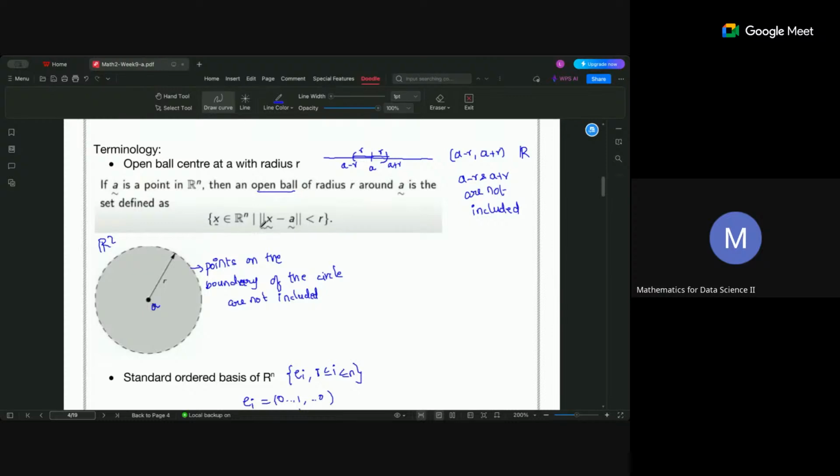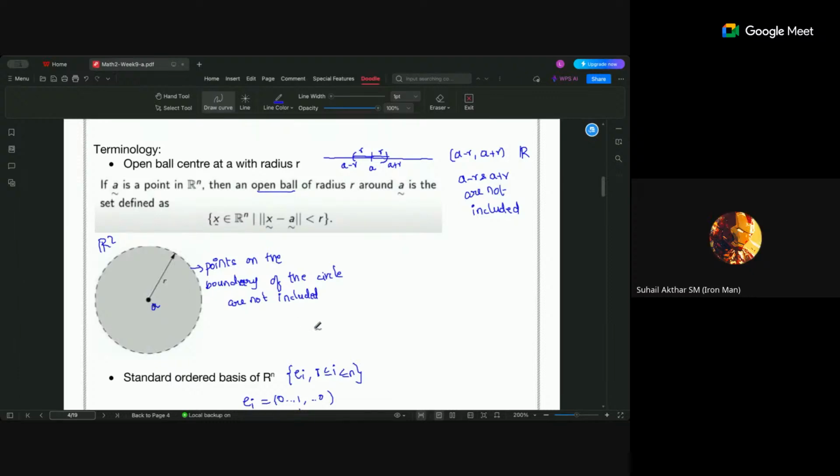It depends upon the dimension of the space we are looking at, right, ma'am? Exactly. So here norm of x minus a, you have already seen what a norm is, right? You take any point x. If the distance between x and a is less than r, then that point x belongs to this open ball. Okay.